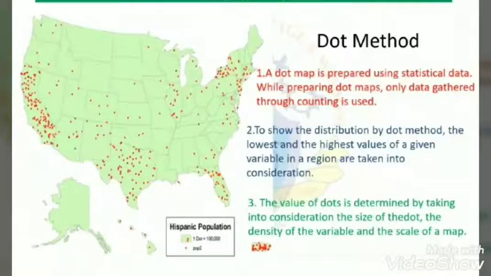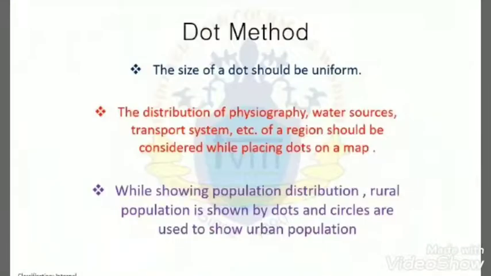The value of a dot is determined by taking into consideration the size of the dot, the density of the variable and the scale of the map. In this figure, we can see the population distribution and the value per dot.